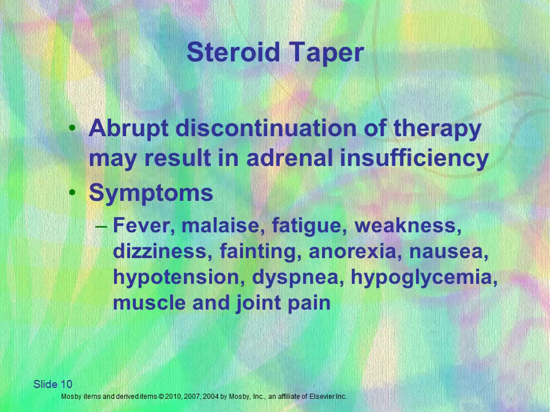One of the things that you as a nurse need to know, and that patients need to be taught, is that when they're taking a steroid, they should never abruptly discontinue therapy. The adrenals are part of the endocrine system, and so they're very easily fooled into not doing their job.